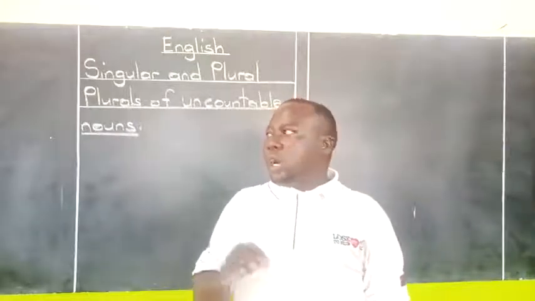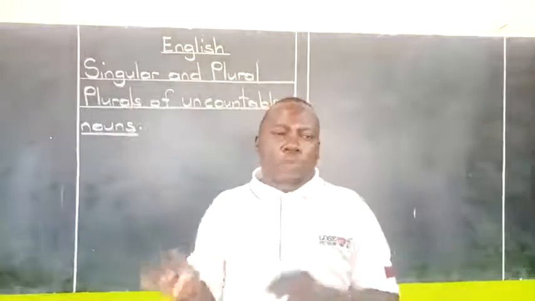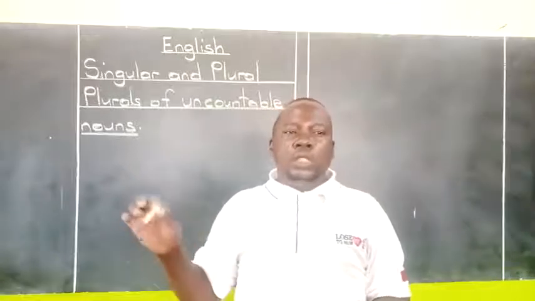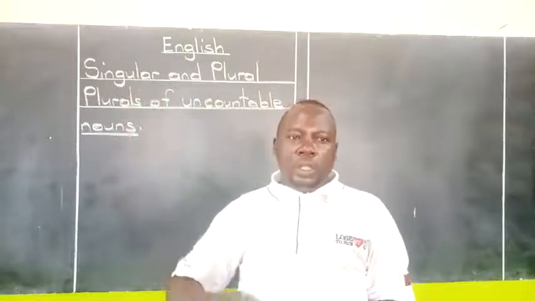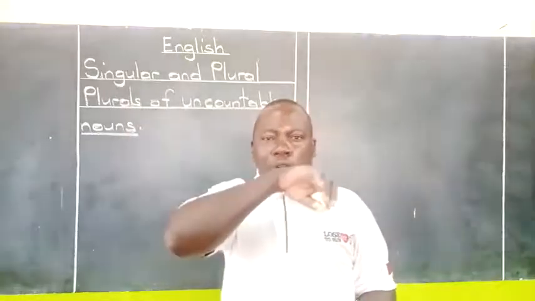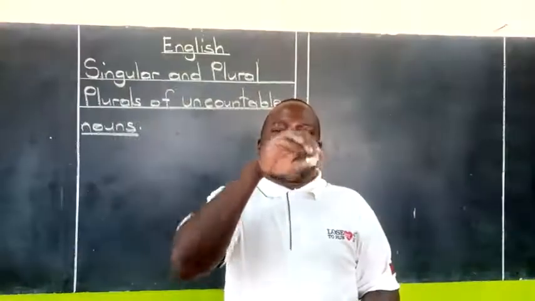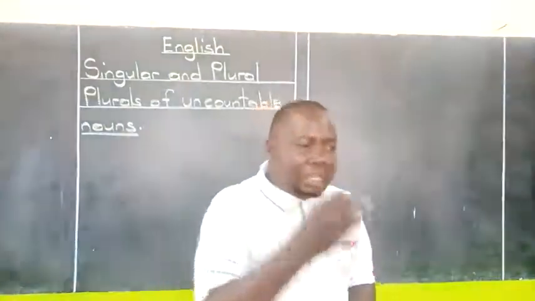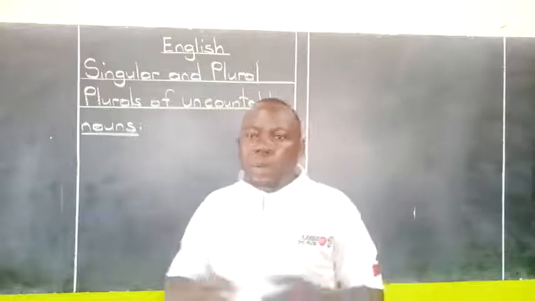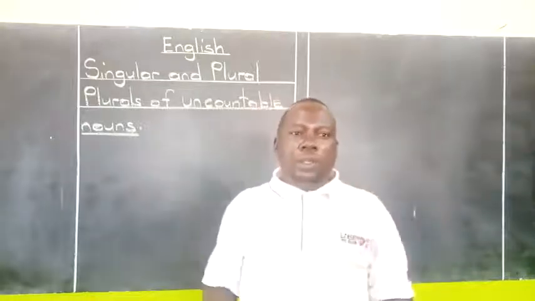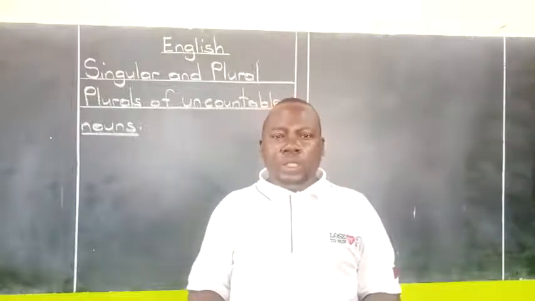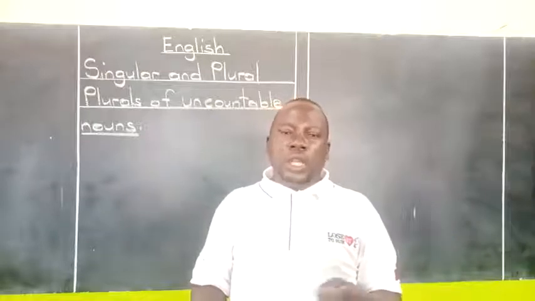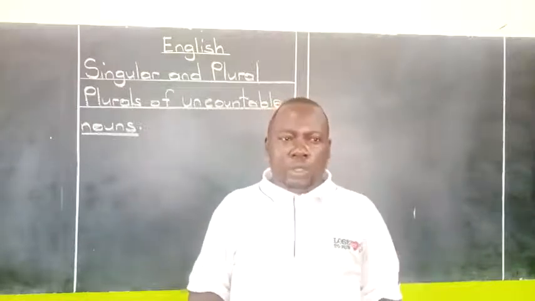The opposite of uncountable is countable. So the nouns that we have been seeing since we started the singular and plurals are countable nouns. You can sit down and count them one by one. But uncountable nouns are nouns that you cannot count.